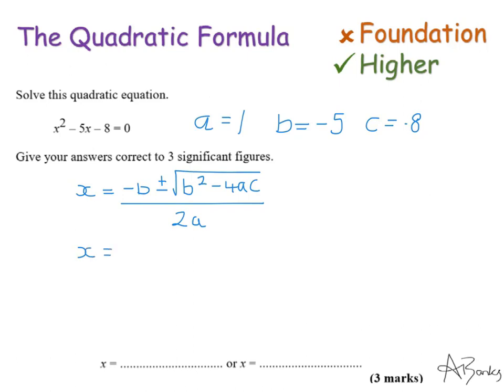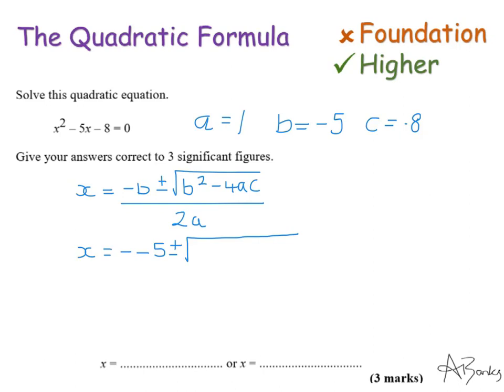Well, b is minus 5, so this is minus 5, plus or minus the square root, and then under here I need to put b squared. So b squared is minus 5 squared, which means minus 5 times minus 5, which is positive 25.